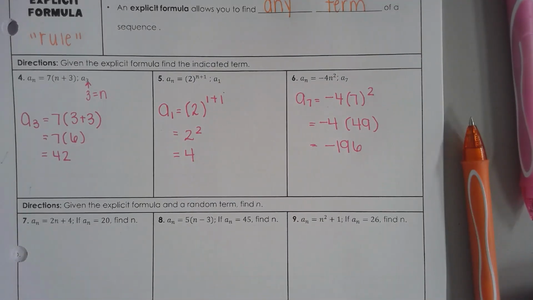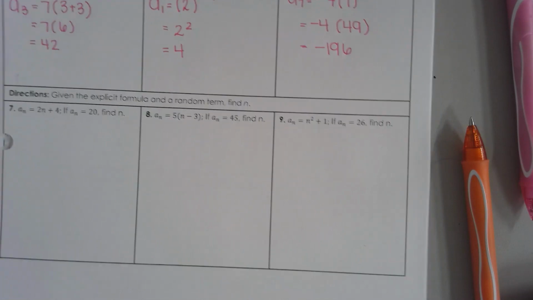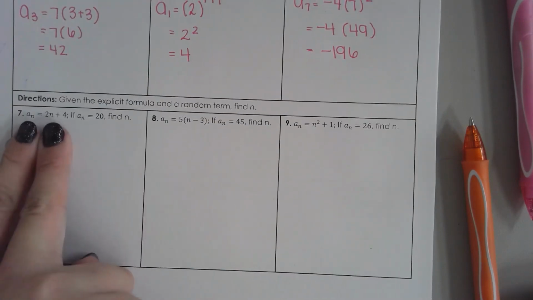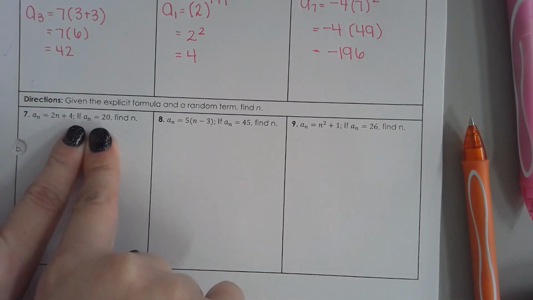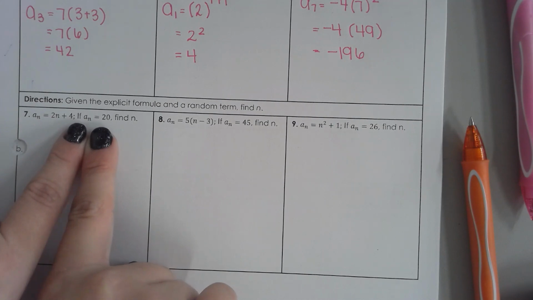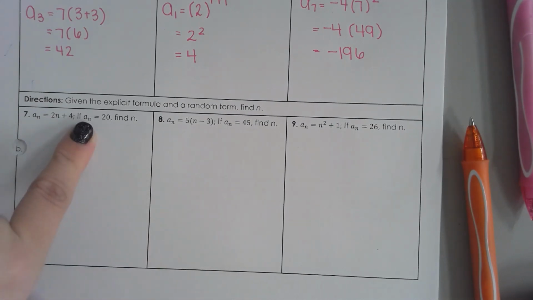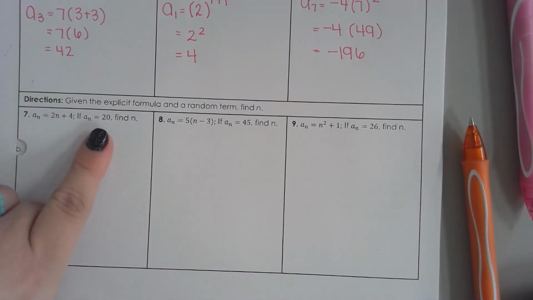Questions? Okay. Then the last 3, I'm giving you a formula. I'm saying an equals 20. What that means is that 20 is one of the numbers in my list. What I don't know is how far down the list it is.